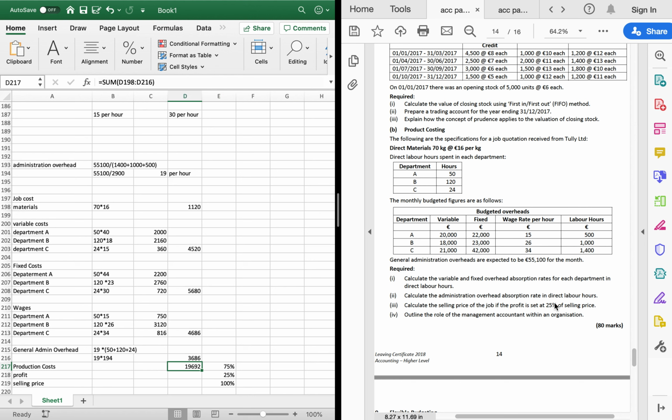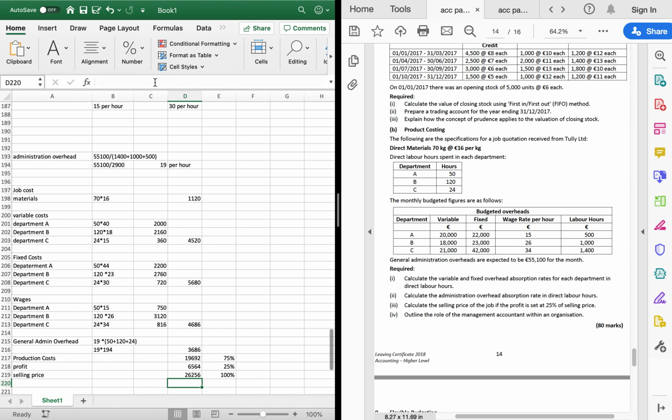So 75% is 19,692. So we divide that by 75, multiplied by 25. That'll give you the profit, and then add the two together, and that'll give you the selling price. Okay, so that's that done.